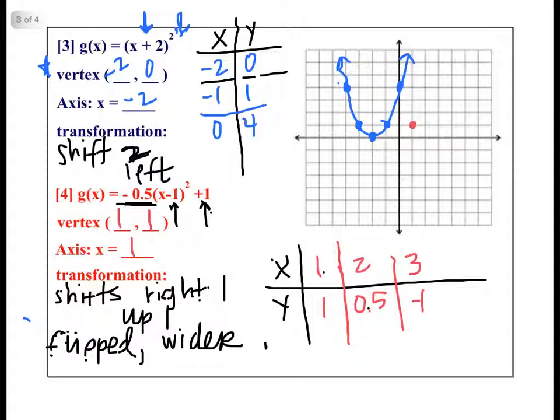So I'm going to add those to my graph. And then I'm going to reflect it over. And then 5 points is enough to sketch the graph. So I'm going to go ahead and draw my graph. So I can see that my graph has in fact gotten wider and it opens down now.